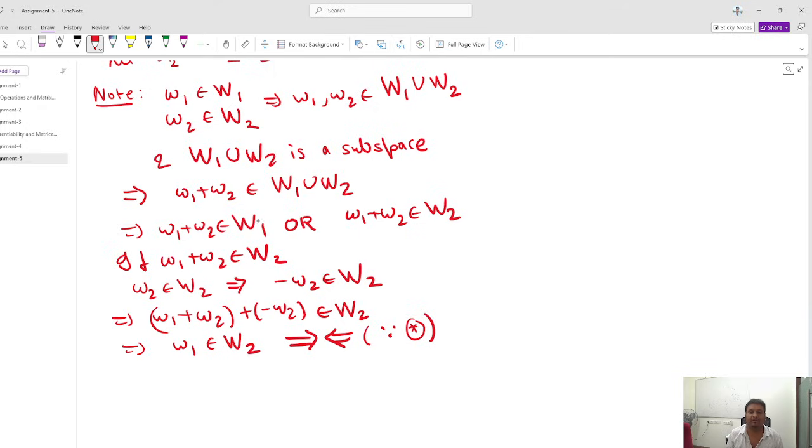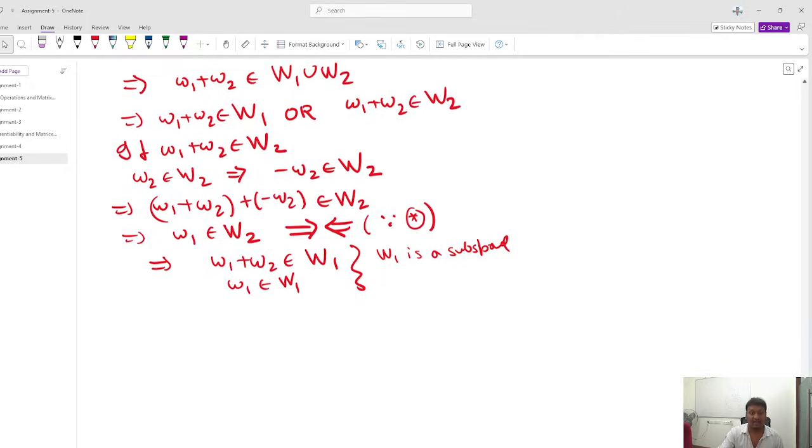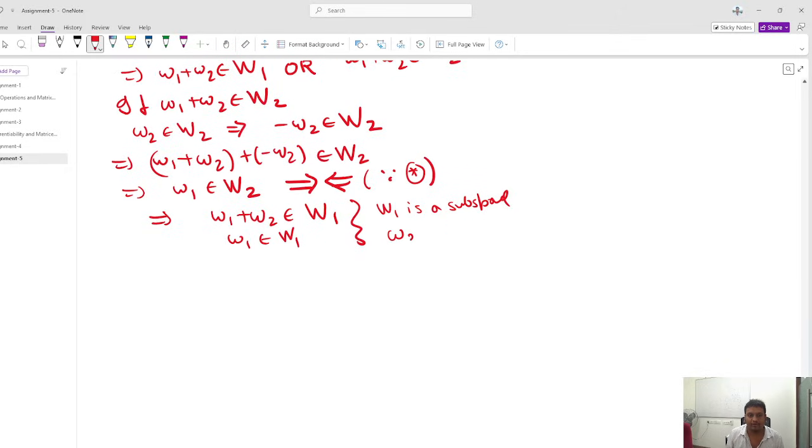It has to be in W1 or W2. It's not in W2. So this implies w1 plus w2 is in W1. Now w1 is in W1, and W1 is a subspace. So what does this imply, guys? Again, by the same logic, w2 belongs to W1. So that's what you have to show, right?